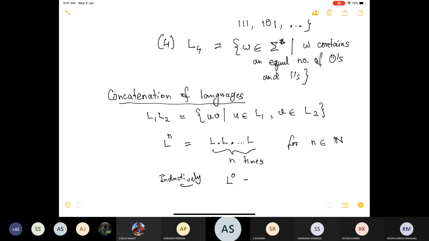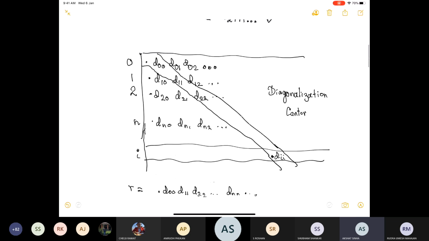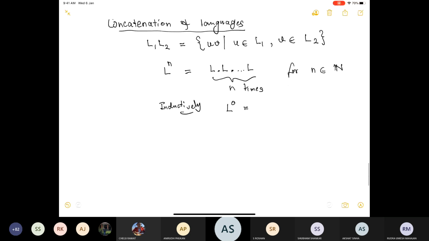L to the power 0, any idea what it should be? Well, it's the singleton set containing epsilon.